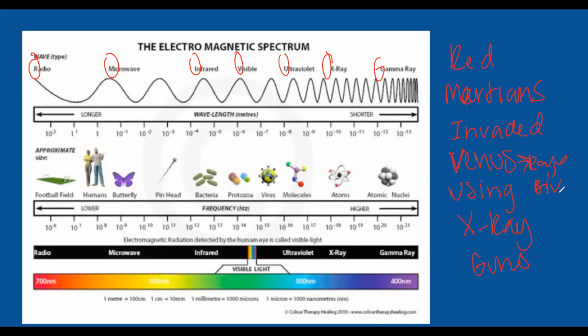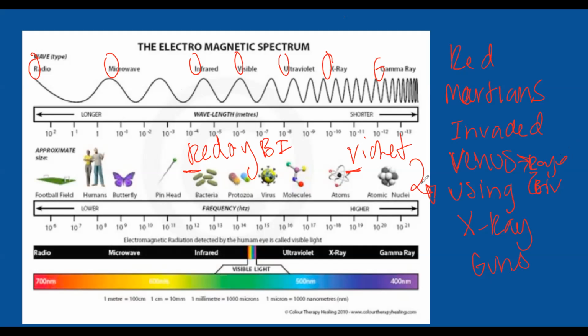And then also remember, don't get confused on this. Just remember that you go from red, orange, yellow, green, blue, indigo, and then violet. And the next one after violet, if you guys don't know which one has higher energy, red or violet, remember that ultraviolet is going to be the next one.